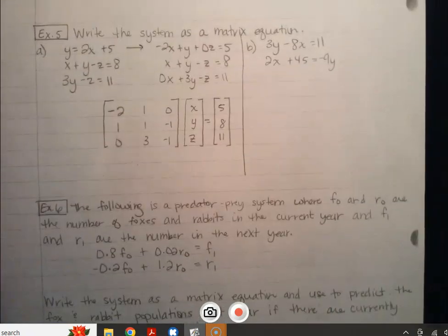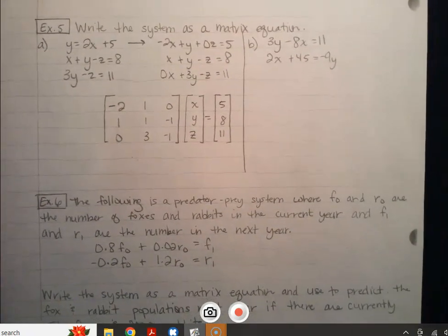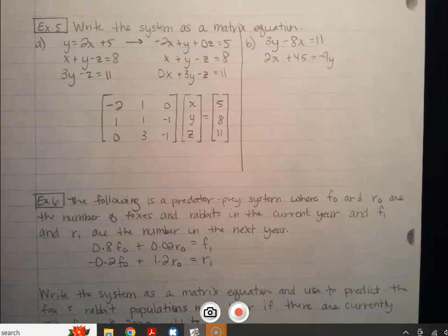All right, so example 5, write the system as a matrix equation. What do you notice that I did? The y is on the left side, and then it equals y. So what form is this in? This is slope-intercept, but they were not in slope-intercept. What do they need to be in?